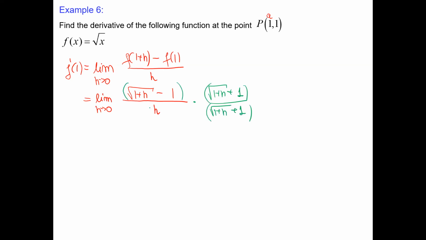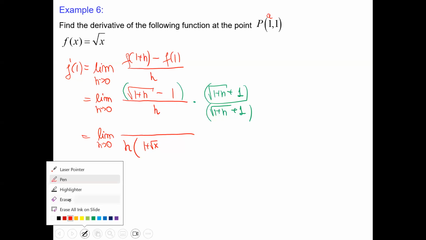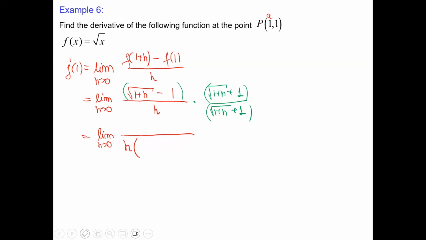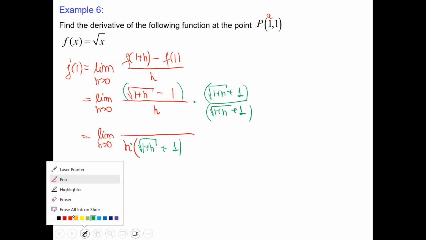To simplify, we will distribute in the numerator, but in the denominator I will copy exactly and not distribute, because we need that product.